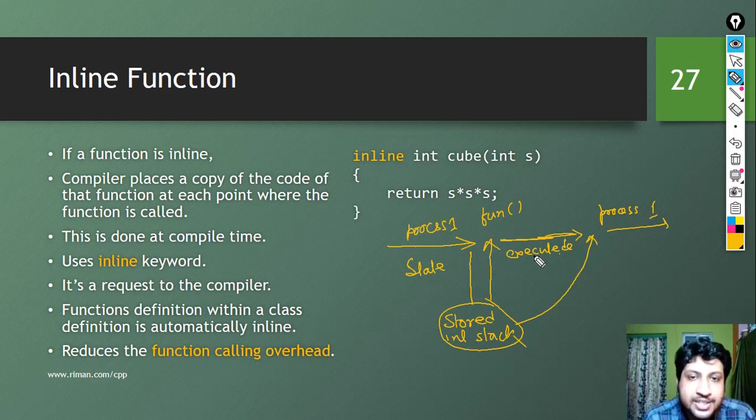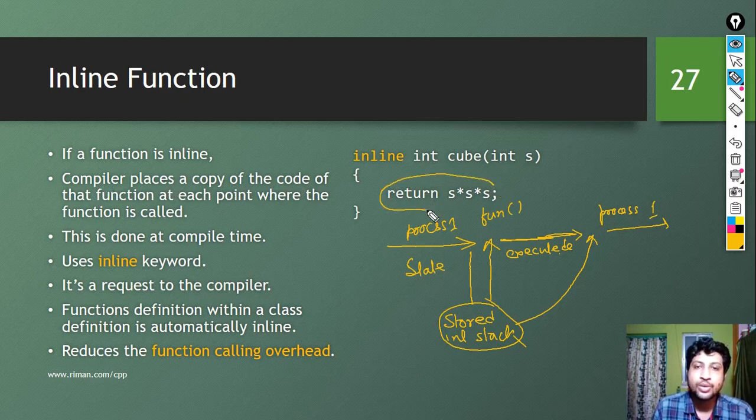Small functions, or rather single-line statement functions, can be made inline. That means a function that has one or two statements can be made inline. An inline function replicates the body of the function into the whole program at compilation time. That means the compiler places a copy of the code.